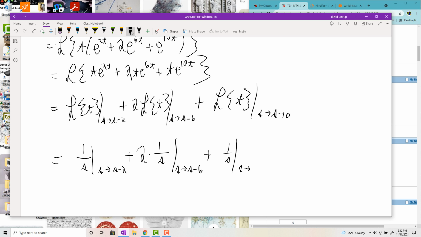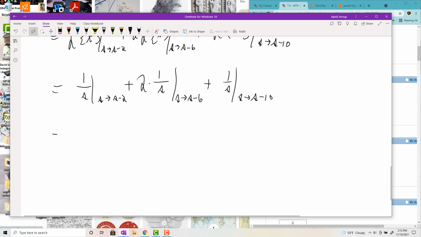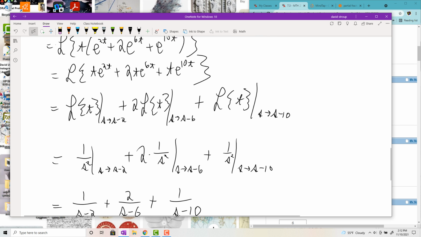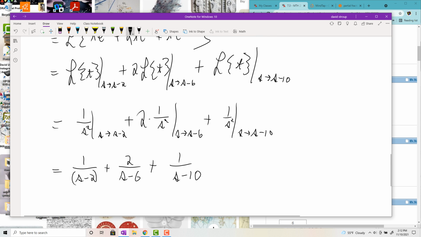But we have to do all of our substitutions now, so basically the shift on the s-axis. So we get 1 all over s minus 2 plus 2 all over s minus 6 plus 1 all over s minus 10. Oops, these should all be squared, shouldn't they? It's Laplace of t, not the Laplace of 1. Okay, so this will be squared. Sorry about that.